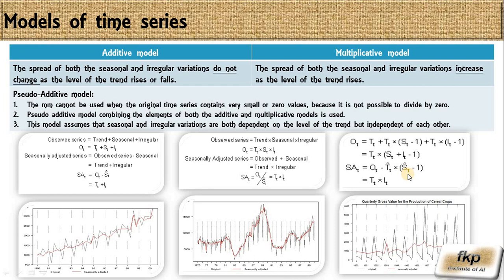I mean, seasonality is not depending on the residual components, and the residual components are not depending on the seasonality. So these two are happening independently. That is the assumption in the case of the pseudo additive model.